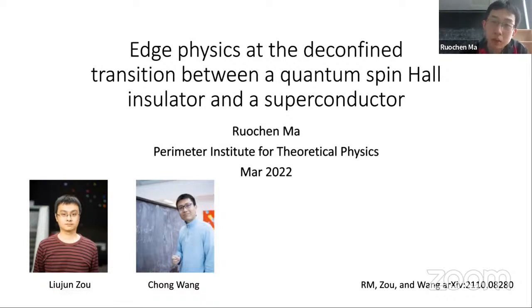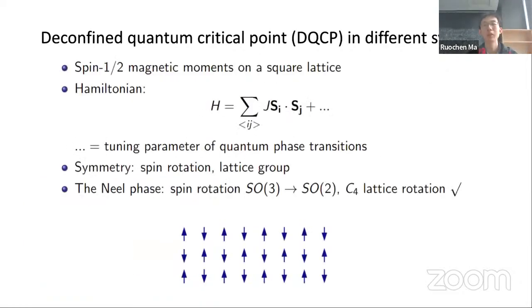So let's start with an introduction to the deconfined quantum critical point in different systems. The notion of the deconfined quantum critical point, in the original version, is a continuous or almost continuous quantum phase transition, such that the phases on the two sides of the transition break very different symmetries.